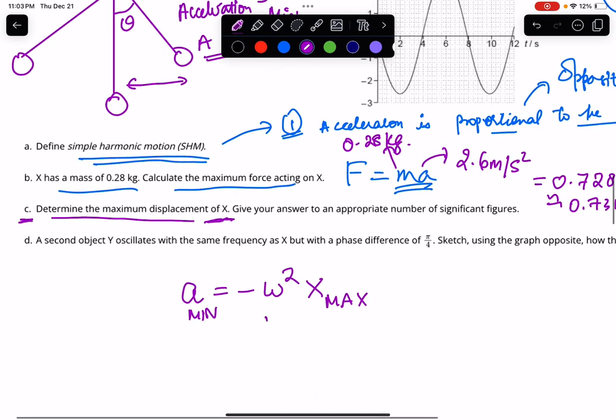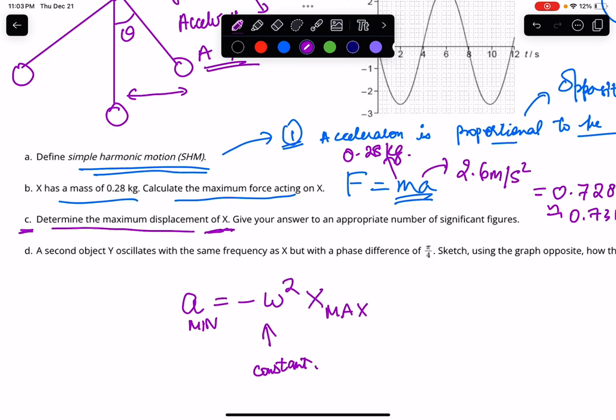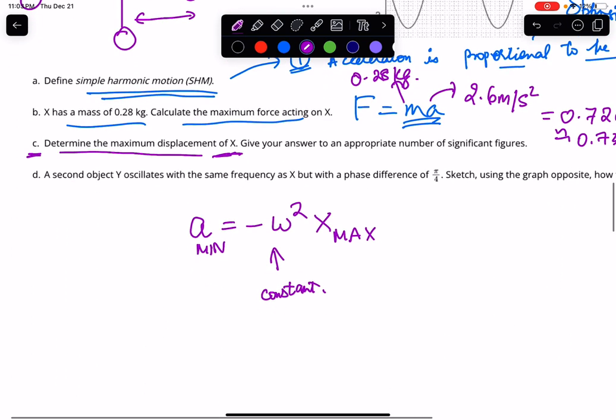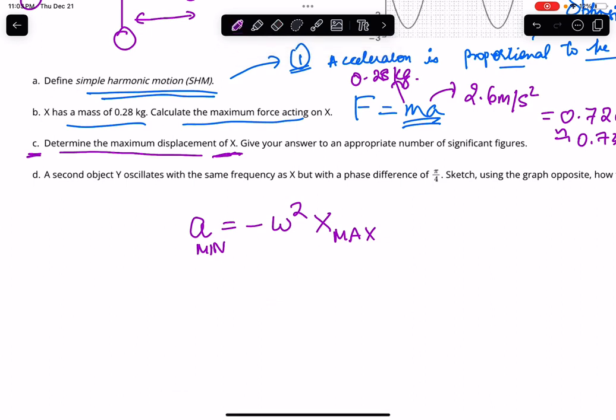And in this case, omega squared is just going to be a constant. So the way we can think about it is like this: the minimum acceleration divided by negative omega squared gives us the maximum displacement.